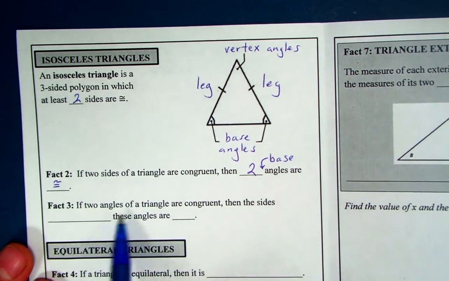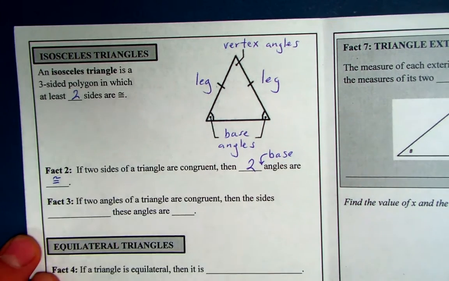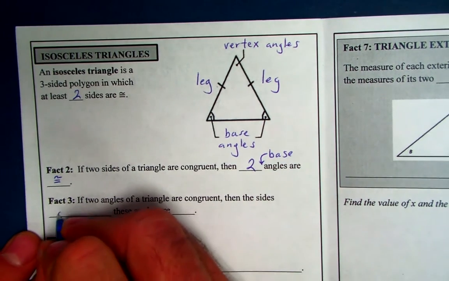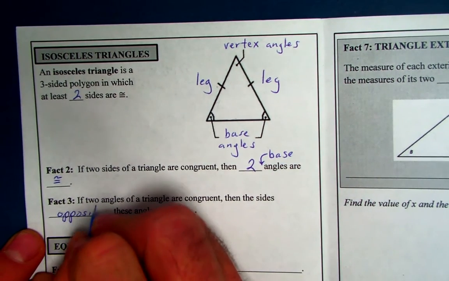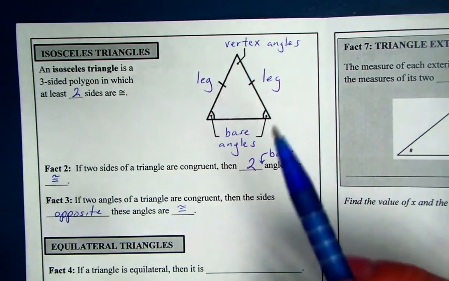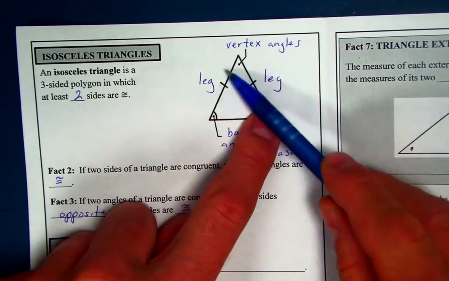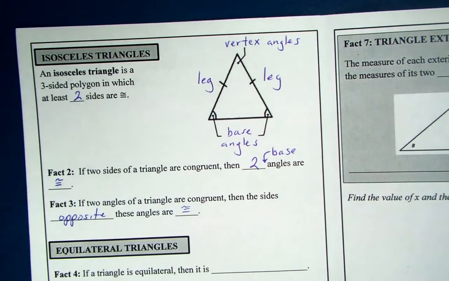If 2 angles of a triangle are congruent, then the opposite sides of those angles are congruent. So if you have a triangle where any two angles are congruent, then the sides opposite those angles are also going to be congruent.